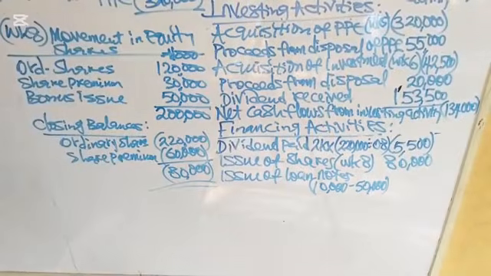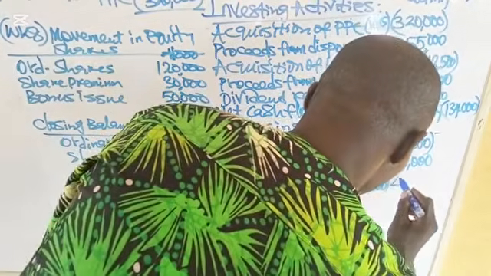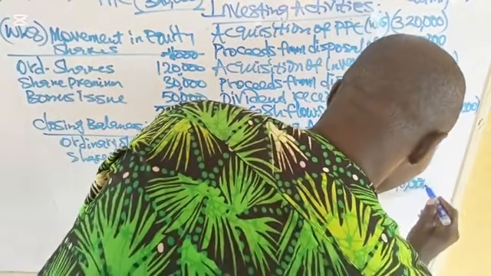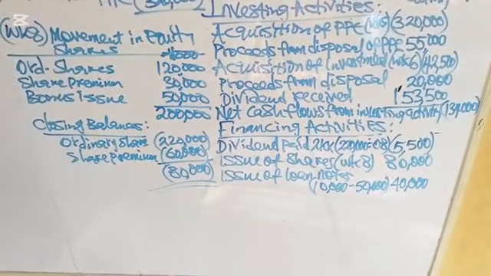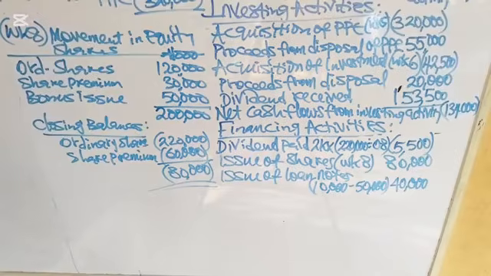There are loan notes, so 40,000 is the issue of loan notes. Then another thing. That's all. Help me to add. The net cash flows from financing activities will be how much?